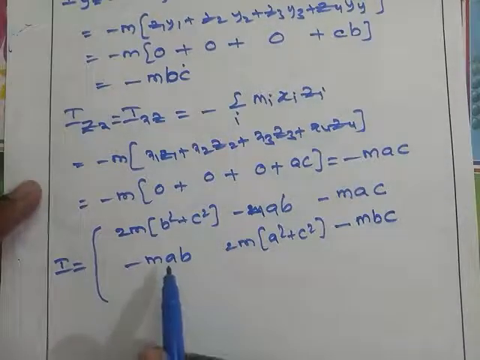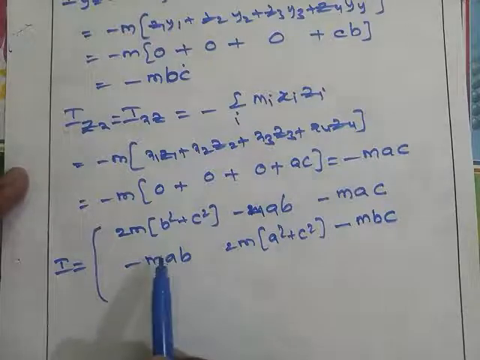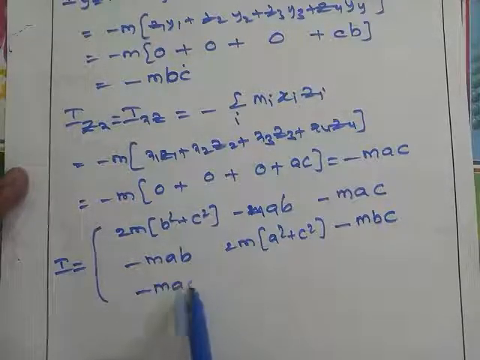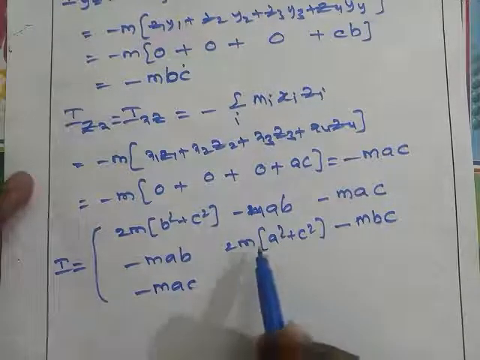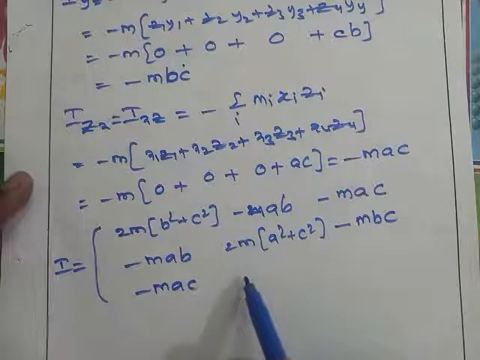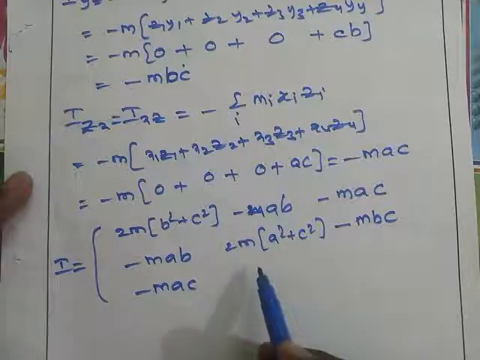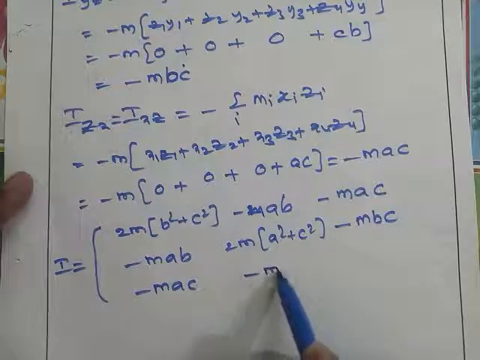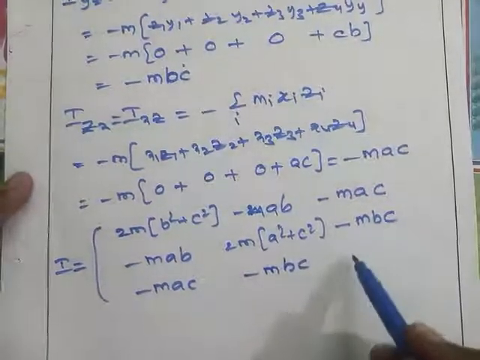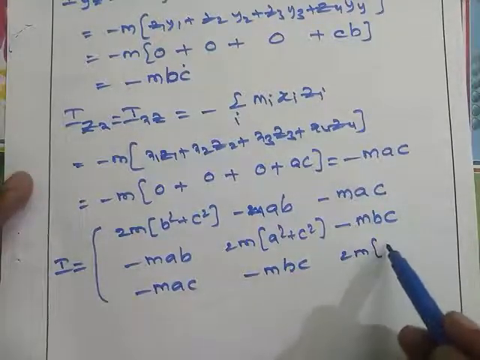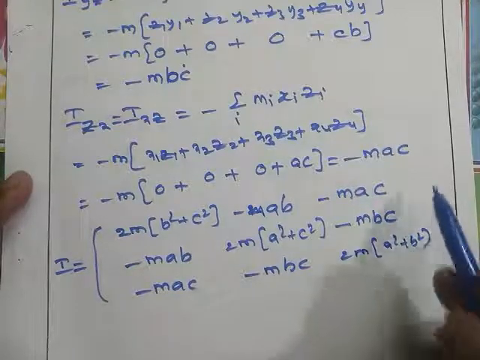Izx is minus m ac, Izy is minus m bc, and Izz is 2m into a square plus b square.